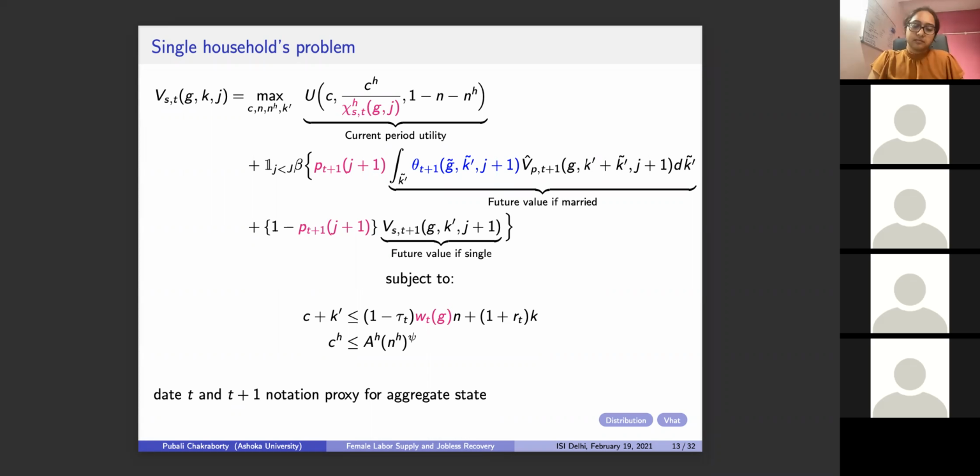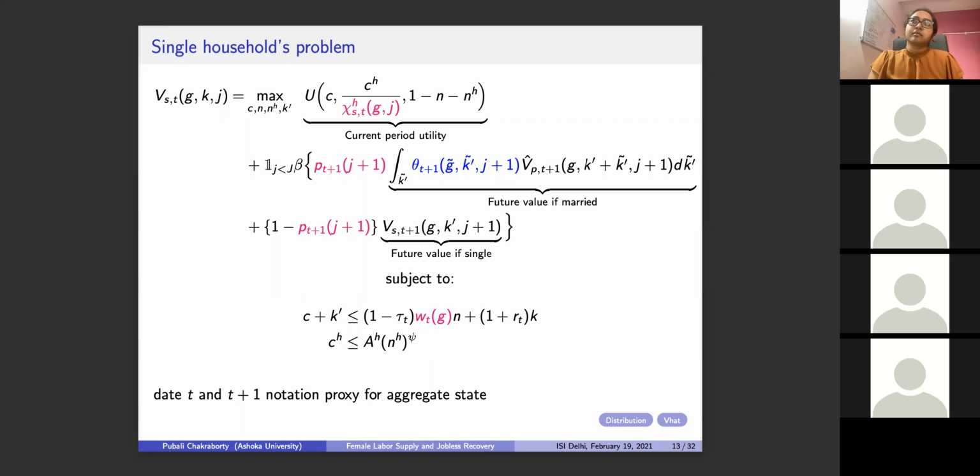Say, for example, the male member of the household is earning a lot, and that's why the female member is not willing to go outside and work. I'm not sure those are the things that can be captured in this framework. Rather, you need a Bellman equation for the entire household.